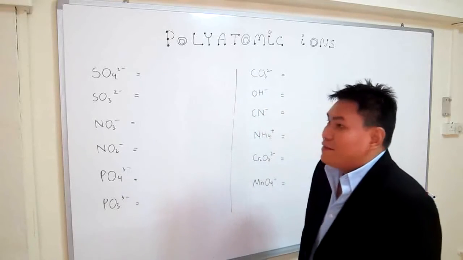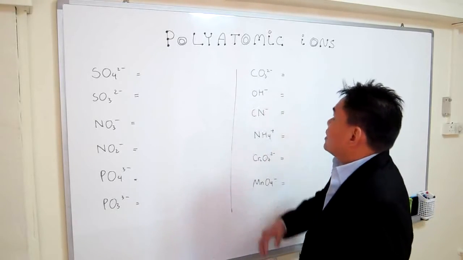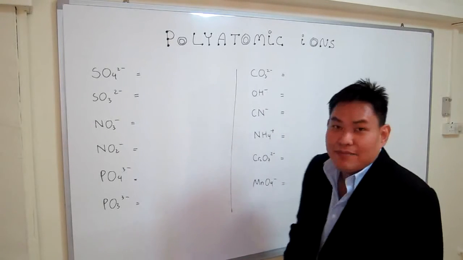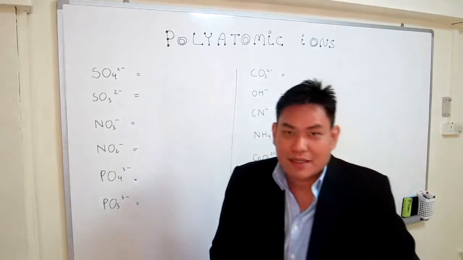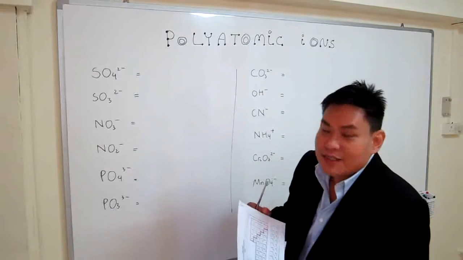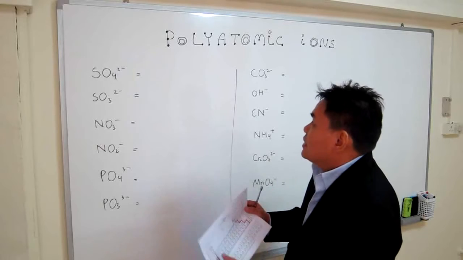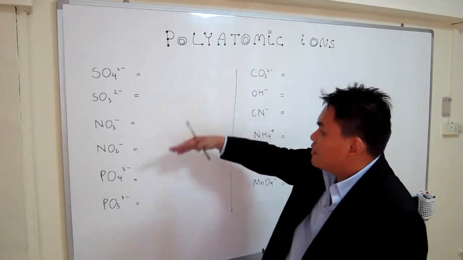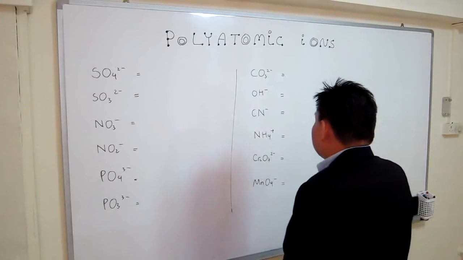The last type of ions that we are going to learn today is called polyatomic ions, which means the ions are made up of more than one atom. So this is a little bit more difficult for us to memorize because you cannot find it on the periodic table, because it's not one element, it's not one atom, it's made up of two or more atoms.